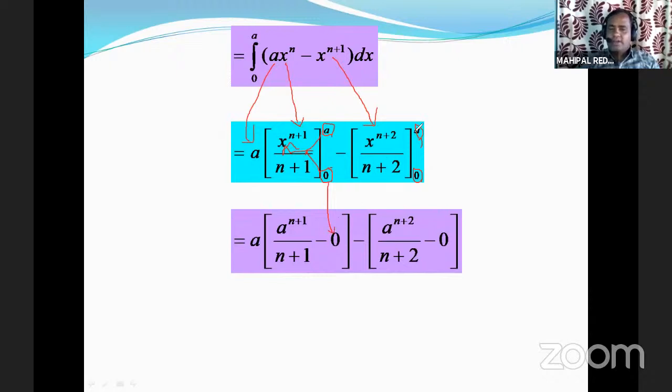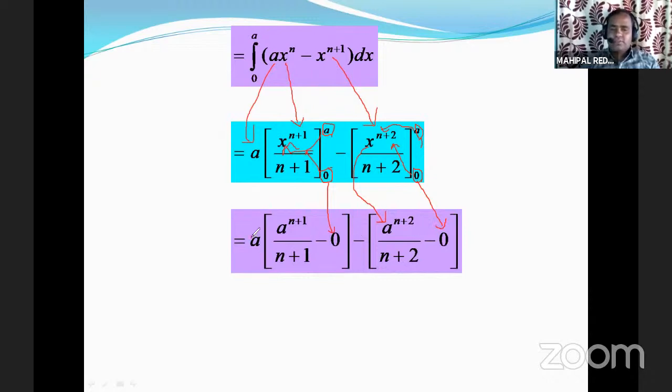And again the upper limit in the second one is a. So it becomes now a power n plus 2 by n plus 2. And when you substitute the lower limit, it becomes 0. Therefore the value is also 0.